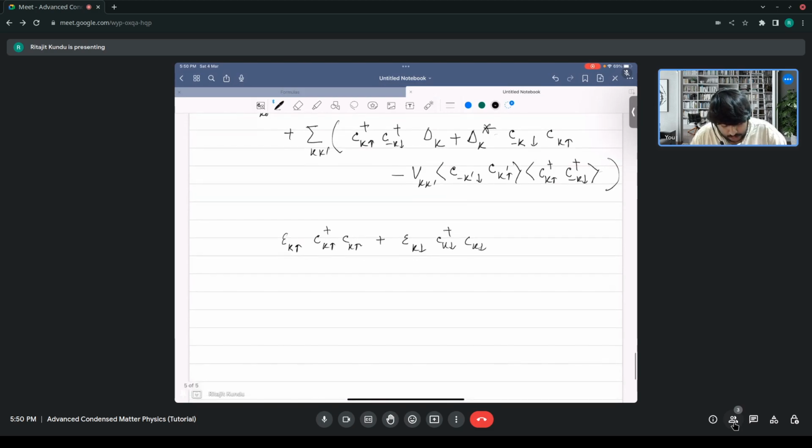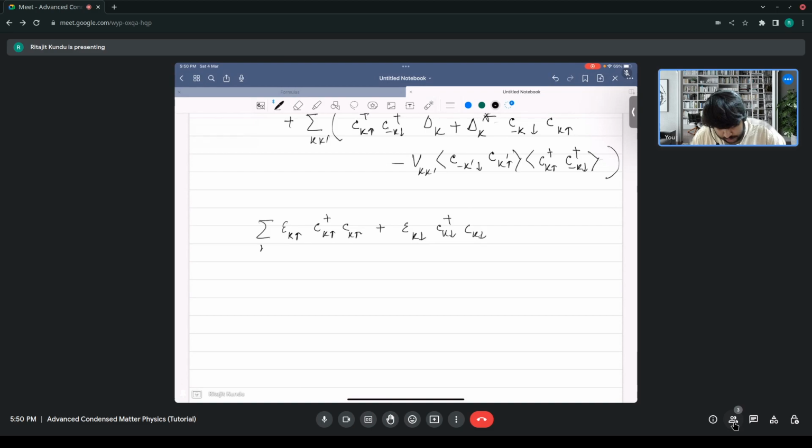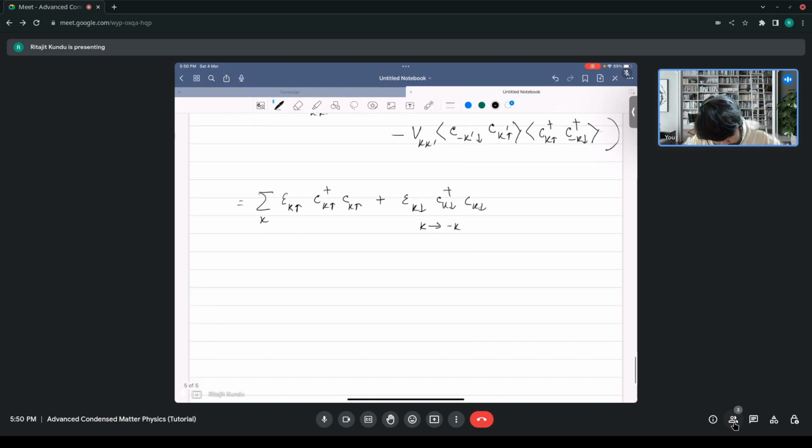Here I'll do a little bit of manipulation for the dispersion term. In this second term, I'll change k to minus k. So what happens if I do that?